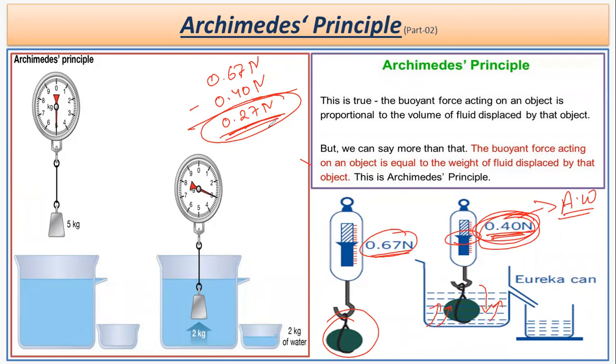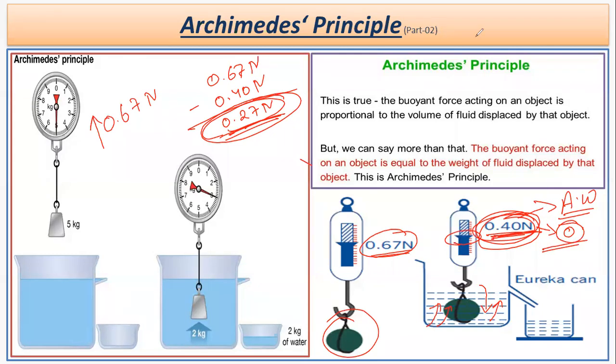But suppose that instead of this 0.27 Newton, the liquid applied 0.67 Newton force in the upward direction, then our result will be 0. Then we can say that the apparent weight is 0.